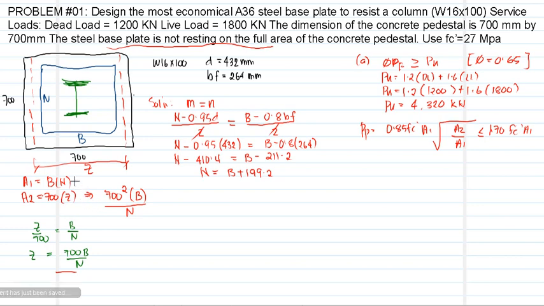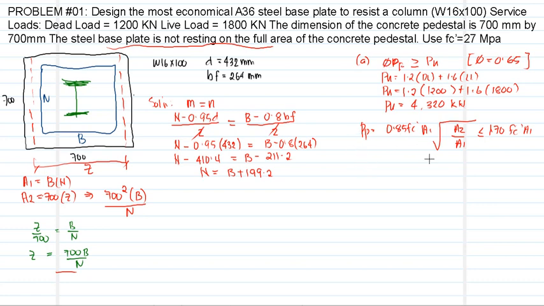Okay? So, we have area 1, we have area 2 in terms of B and N, we have PU, which is this, and we have phi. So, we can now solve for the dimension N and the dimension of B. Okay?